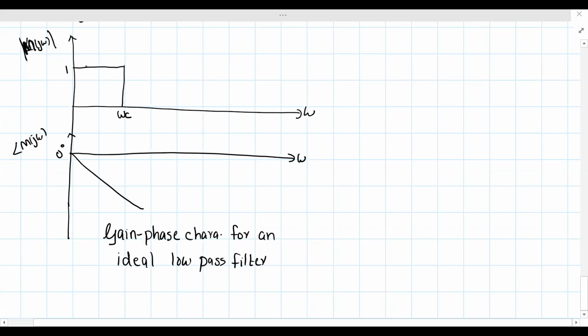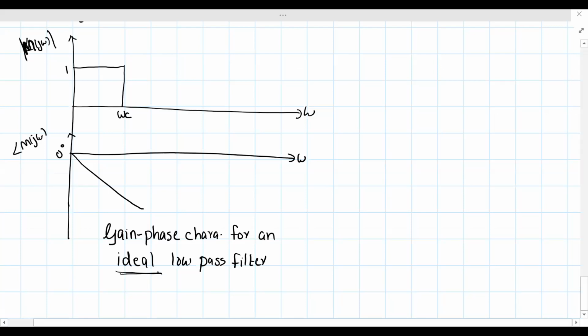If this had been realizable, then this would have been the most apt control system available to us, because up to corner frequency 1, the output will be transmitted. Output and input will be in phase, and afterwards higher frequency signals will be attenuated. This is what we prefer, but this is physically unrealizable. This is an ideal situation.